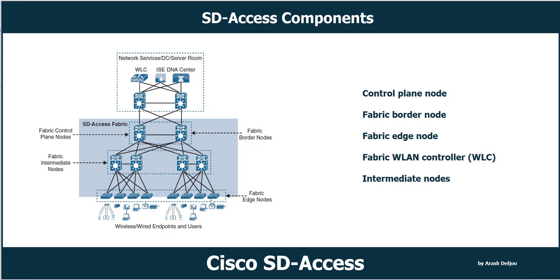About the Fabric Edge node, you know that it provides wired client connectivity. Actually, a Fabric Edge node provides onboarding and mobility services for wired users and devices, including fabric-enabled wireless LAN controllers and APs, because you know that an AP should connect to the Fabric Edge node.